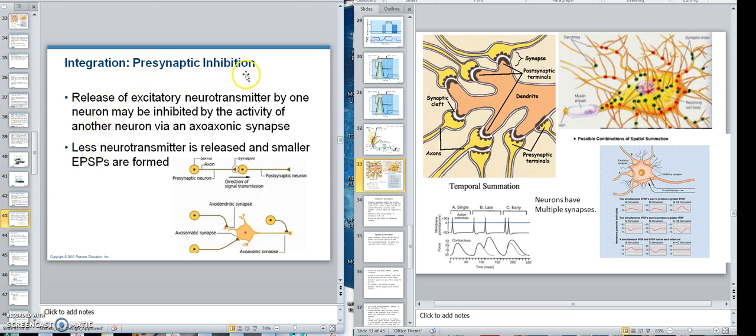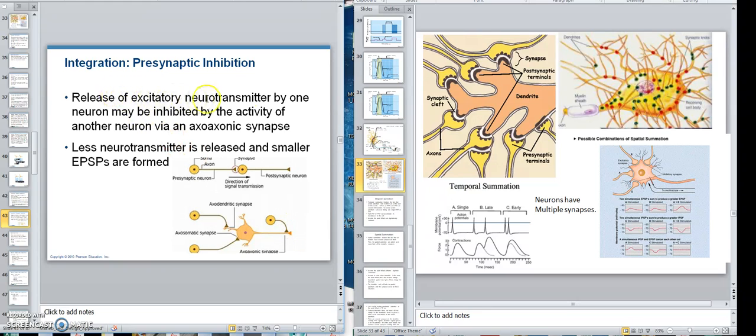Integration, presynaptic inhibition. Okay. Assume that you had a neuron terminating on this axon, like you see here, an axo-axonic. Then this neuron, which is trying to release EPSP stuff, could be inhibited, because if you keep firing an inhibitory one right here on this axo-axonic, you would lessen the amount of neurotransmitter for the EPSP being fired.